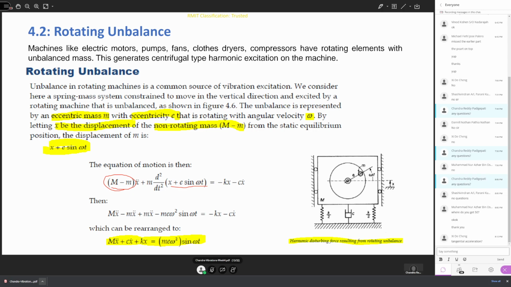So the force due to the rotating mass m is m d square over dt square of x plus e sine omega t. So the net force acting on the system is due to the non-rotating mass, capital M minus m, and due to the rotating mass, small m. We can write both. This is the net force acting on the system.